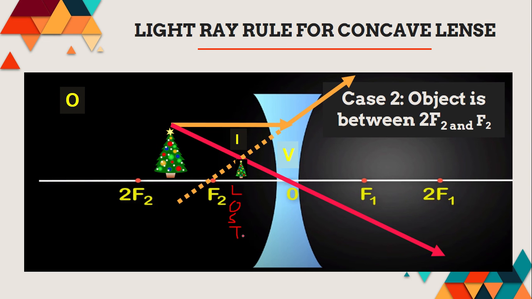Yan, on the same location. So, L. So, nandito, location between F2 and vertex. Anong kanyang orientation? Siya ay upright. Anong kanyang size? Reduce. Okay, reduce or smaller than the object. At anong kanyang type? Kung ito ay upright, ang type niya ay virtual. Kung napansin niyo, parehas sila.